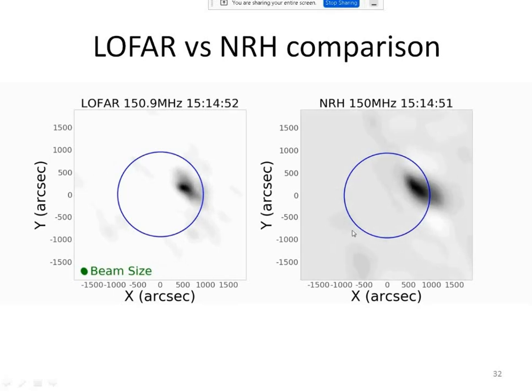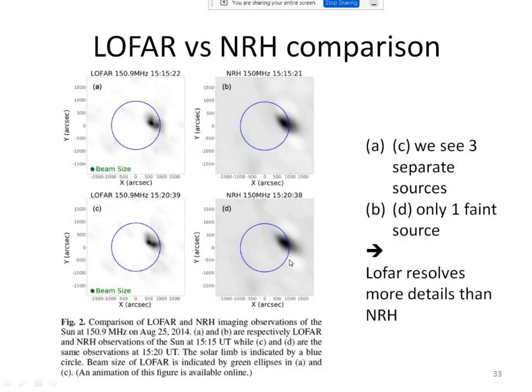The blue circle is the solar disk. First thing is that they match pretty well. And the second thing, in A and C, which are the LOFAR observations, we see 3 separate sources, but in B and D, we only see 1 source.